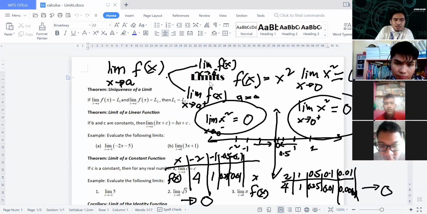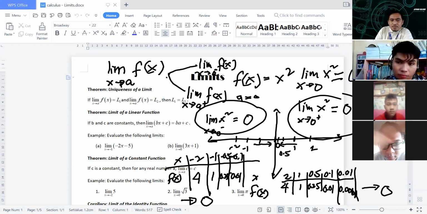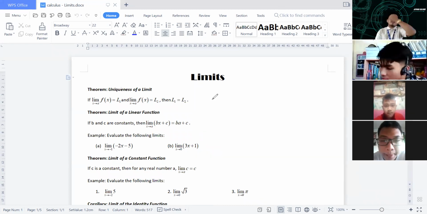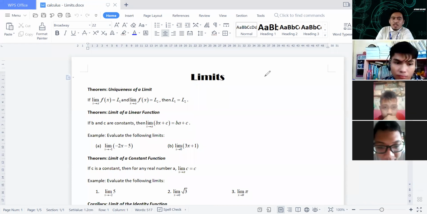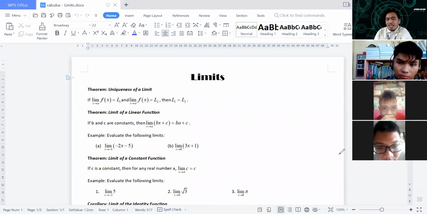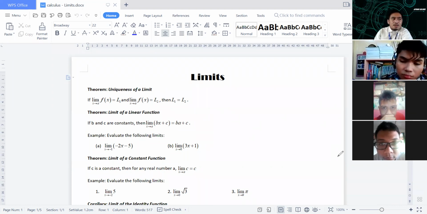Okay, good. That is the introduction to the limit. But will we do this all of the time? It will take us a long time to finish limits with this method. So, there are theorems. These will help you in providing your answer quickly.